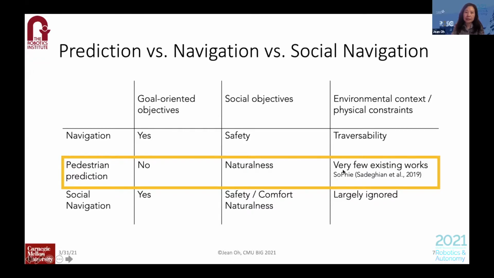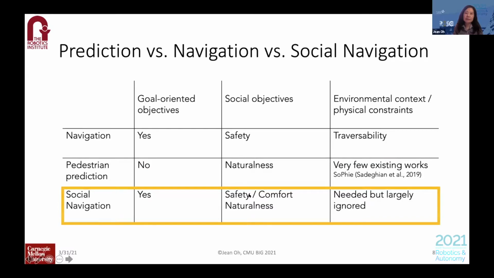In this category, there are very few existing works that actually focus on the environment. That is the difference between traversability-focused navigation and pedestrian or human-oriented research.